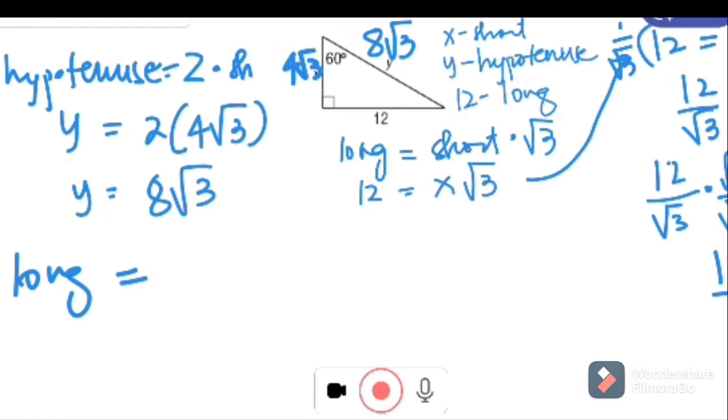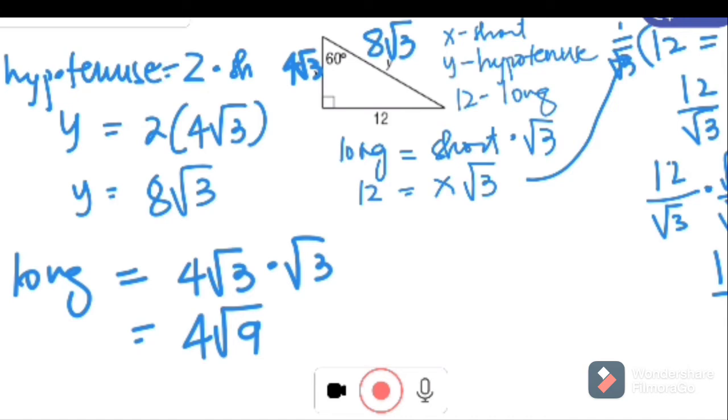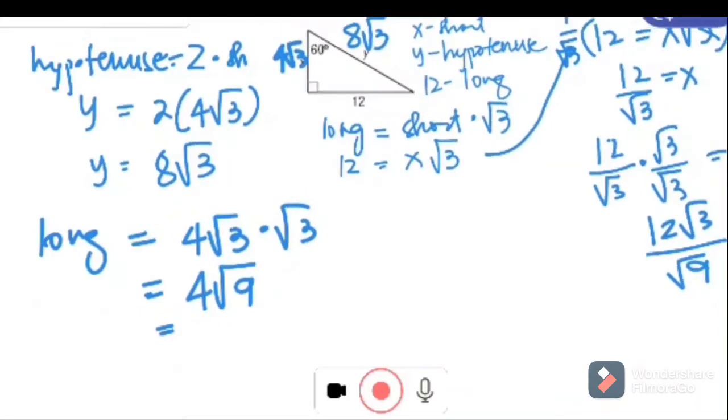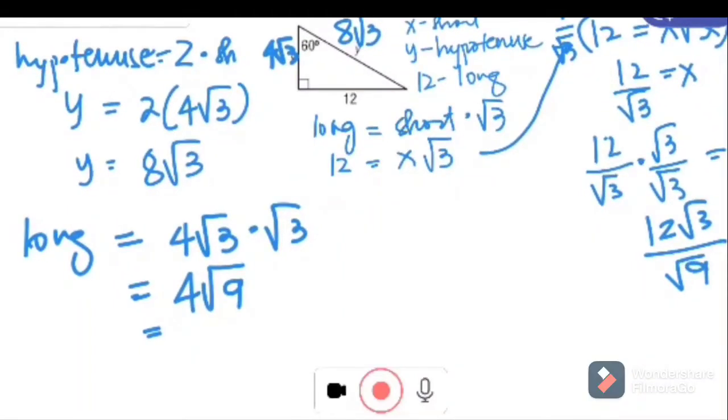The shorter leg is 4 square root of 3 times the square root of 3. So that would mean 4 square root of 9. The square root of 9 is equal to 3. So 4 times 3 is equal to 12. Now you see that our long leg is given 12.